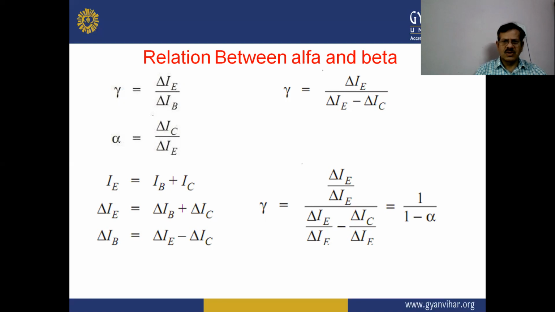So the equation will be gamma equals del IE upon del IE, divided by del IE minus del IC upon del IE. So this will be equal to 1 upon 1 minus alpha, where alpha is del IC upon del IE. So this is the relation between gamma and alpha.